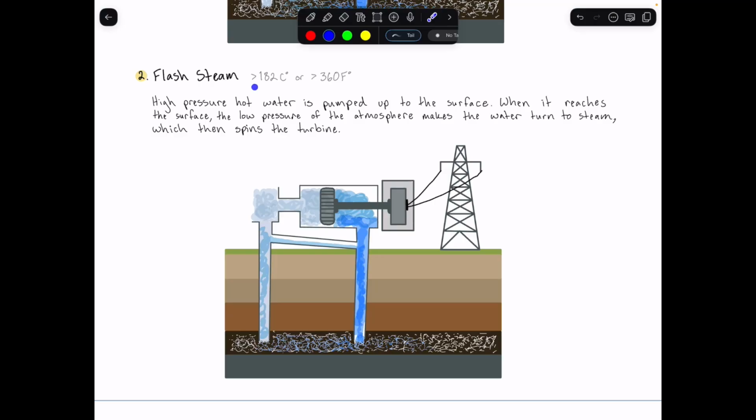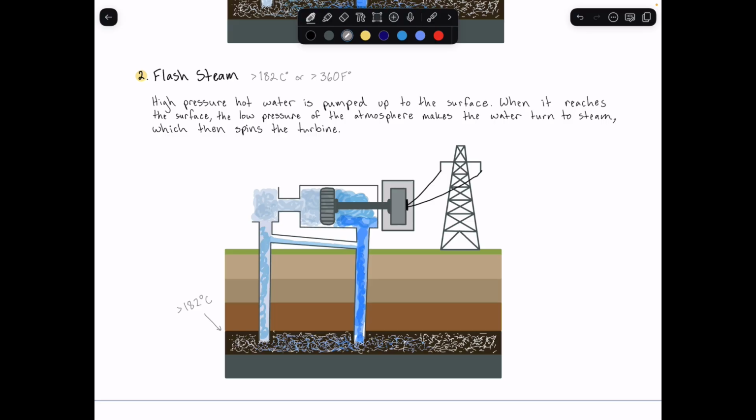Now, here I mentioned that the temperature is typically at 182 degrees Celsius. So let me draw this here. So here it's typically above 182 degrees Celsius. And now if we remember our very, very basic chemistry, we know that water, at least at the surface of the crust, boils at 100 degrees Celsius.